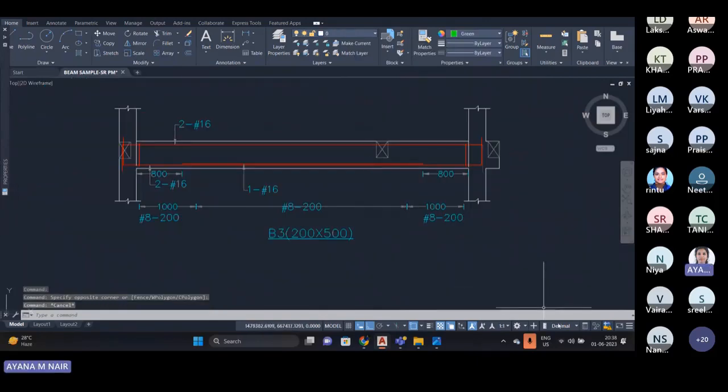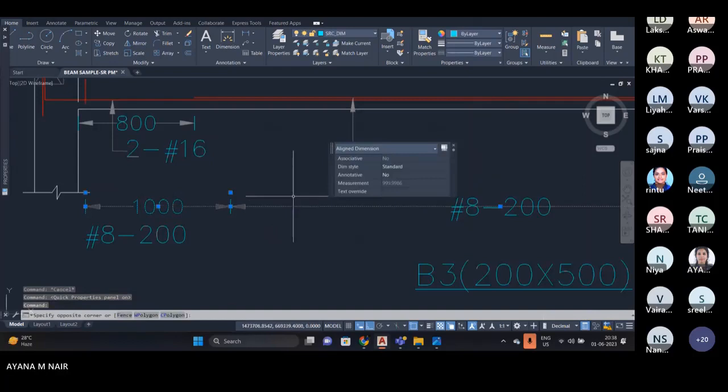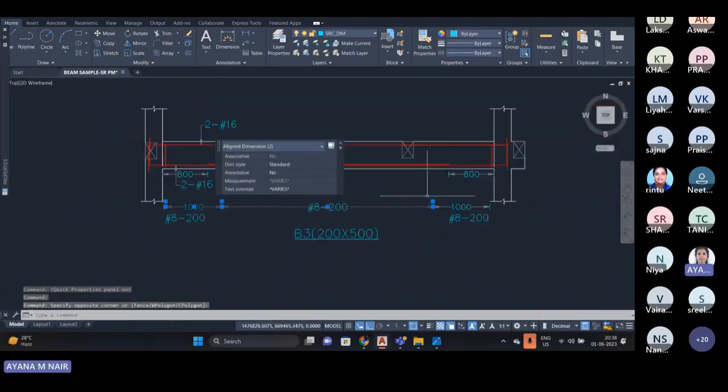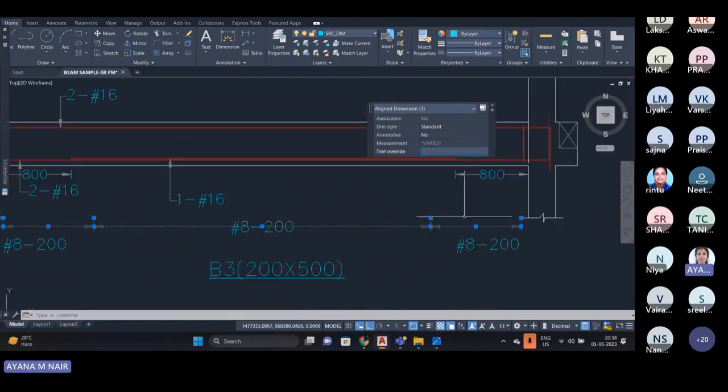Now you have to turn on the properties bar. While selecting this dimension, a property box appears. You can see here text override. So press the space bar and then enter. So this dimension marking will disappear automatically.